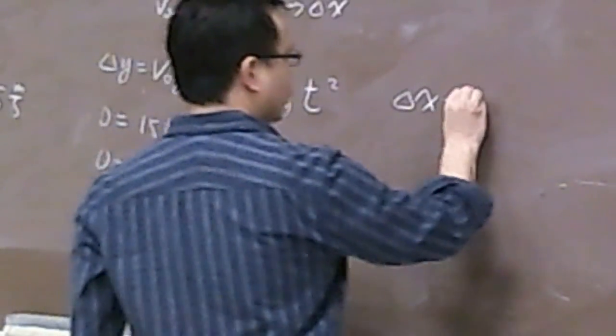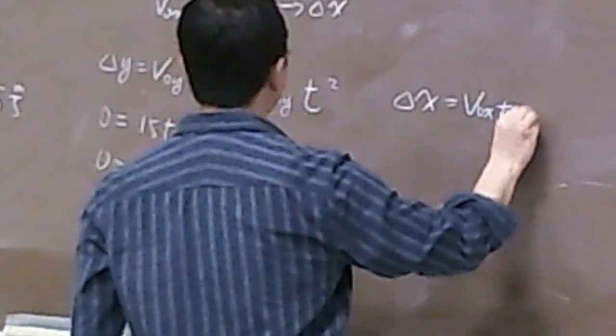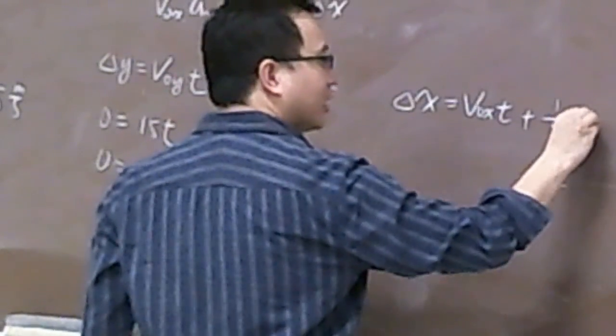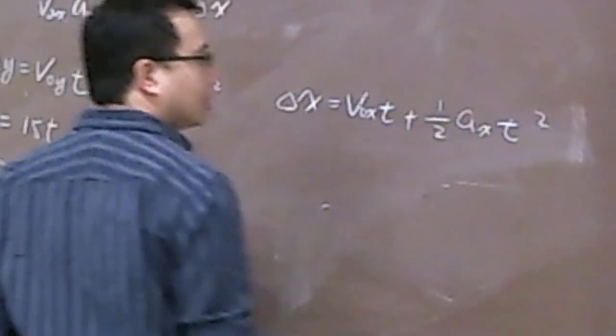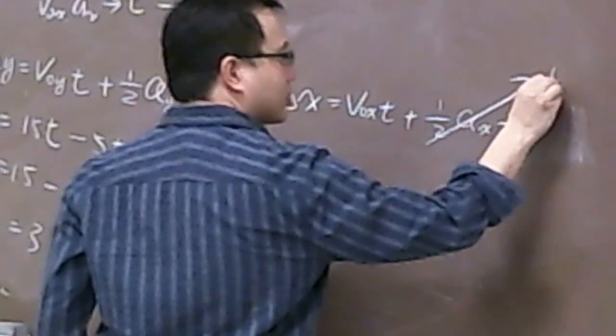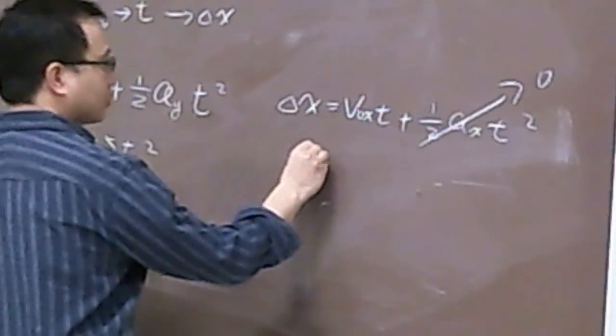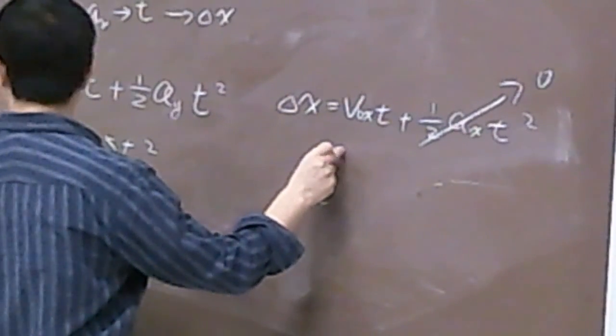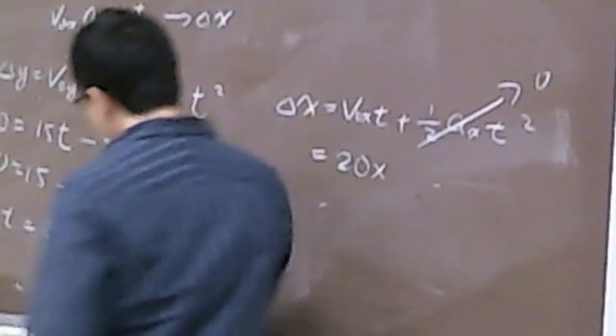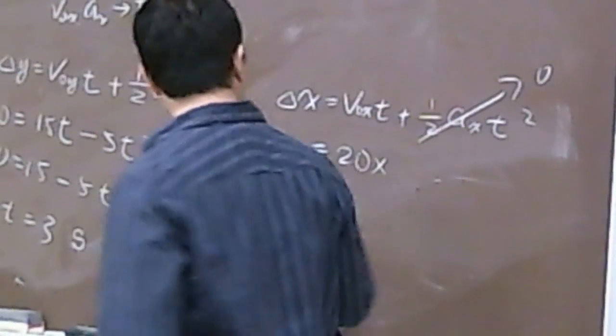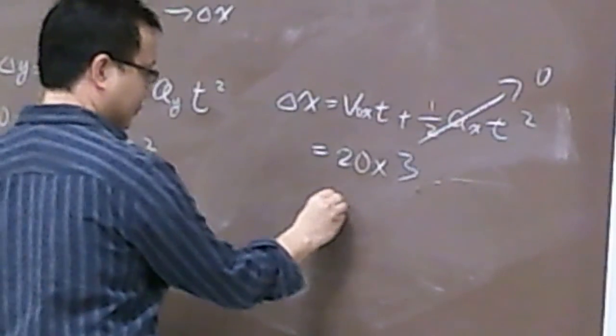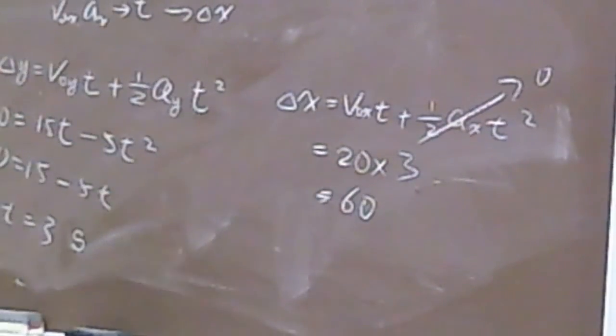And then delta x equals v naught x t plus one half ax t squared. And ax equals 0, so this term goes away. So delta x equals v naught x, which is 20, multiplied by the time you calculated, 3. That's 60.